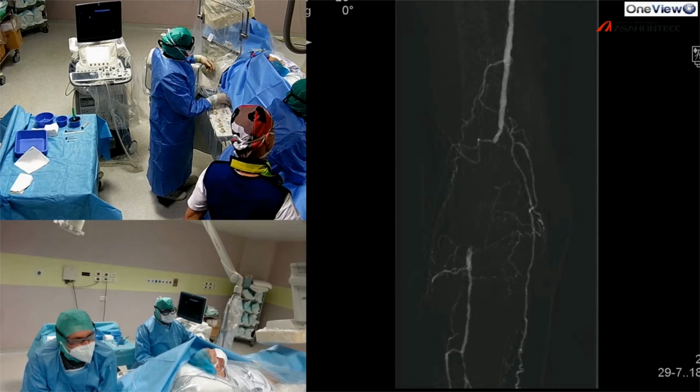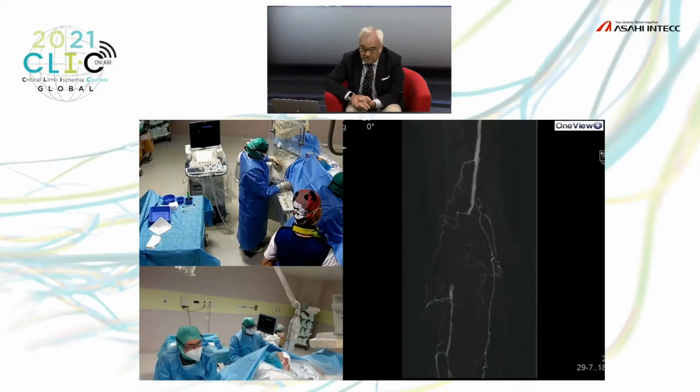When we see the aspect of the lesion, the severity of the calcium, we have to ask ourselves which could be an alternative approach, of course, because we decided to cross this lesion with a wire, and it's not the only approach available, and that's why I would like to discuss with Mariano and you all about this strategy.